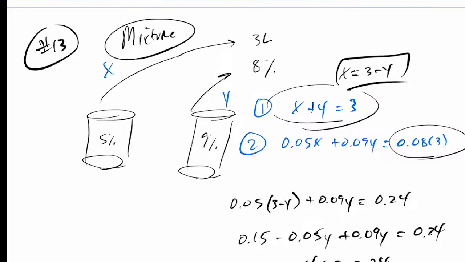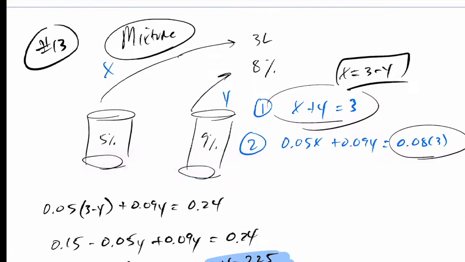So just kind of going through and crunching these numbers here, you should have gotten 0.09. So if I divide this out, 0.09 divided by 0.04 is the same thing as taking 9 divided by 4, and I'm getting 2 1/4 or 2.25 for my y value.